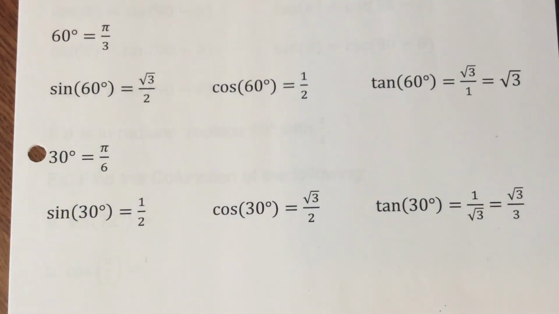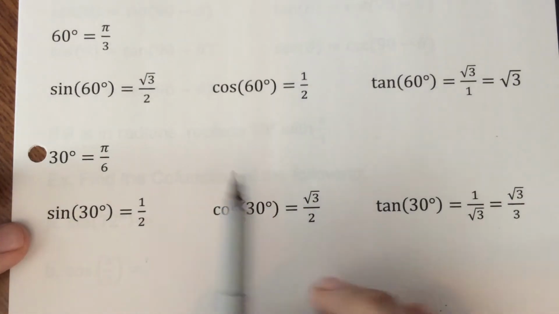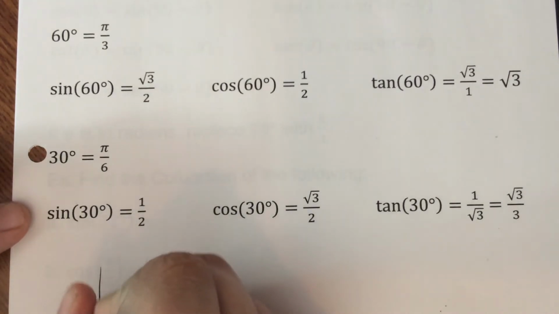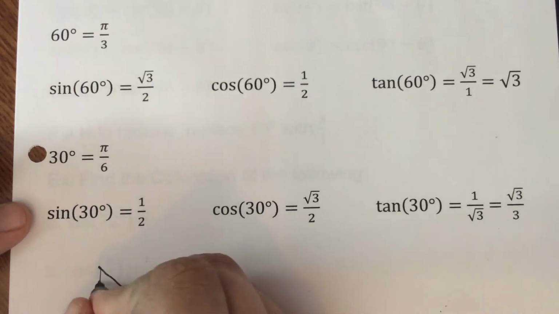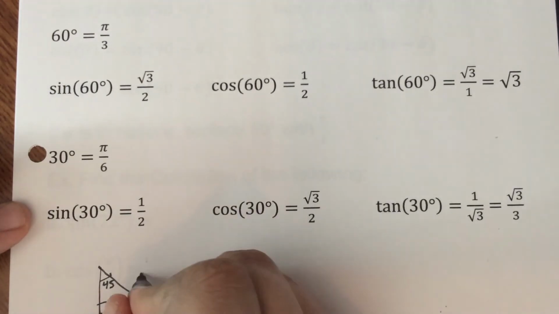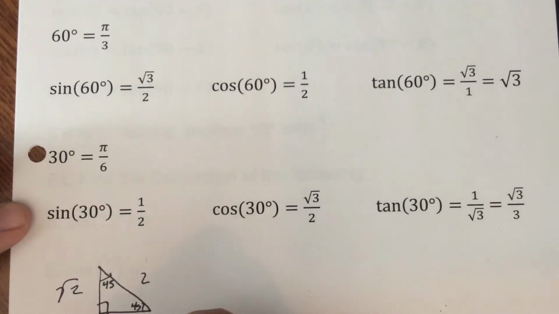Trying to think if we really get into this too much, but you could always think back to where these are coming from, those special triangles, and I don't know if you remember those at all that we talked about in geometry. You had your 45, 45, 90. So that was your 2, square root of 2, square root of 2.